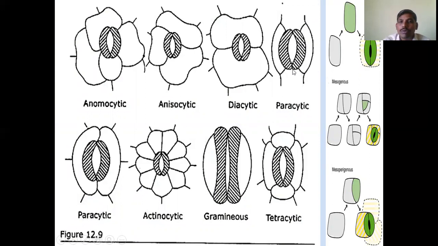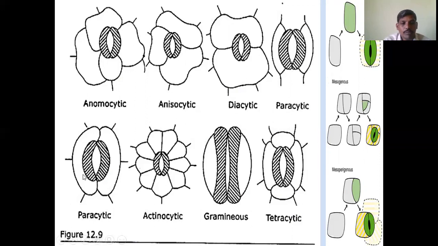Both subsidiary cells are merged in the polar regions, upper and lower pole. In this way, four main types of stomata were identified by Metcalfe and Chalk.